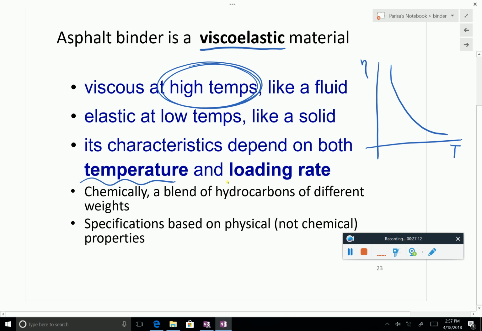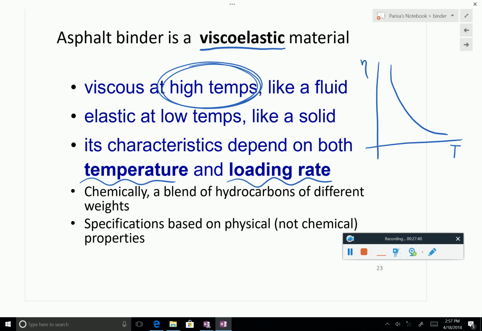Something which is maybe less clear, because we only talked about quasi-static loading, is loading rate. So if the load is very, very fast, if it is being applied at a very high rate, for example, if the truck is going with a very high speed, this kind of works like low temperature.